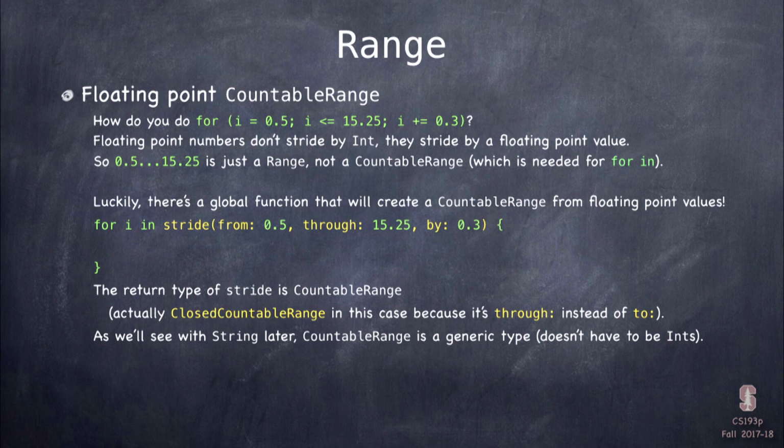And this stride knows how to create a countable range, in this case a closed countable range because I did through 15.25, not to 15.25. It creates one that goes over floats and knows to step by 0.3 there. Okay, so that's how you do floating point. You don't have to do that for your homework or anything, but I just wanted to be complete about how we do a countable range for floats.